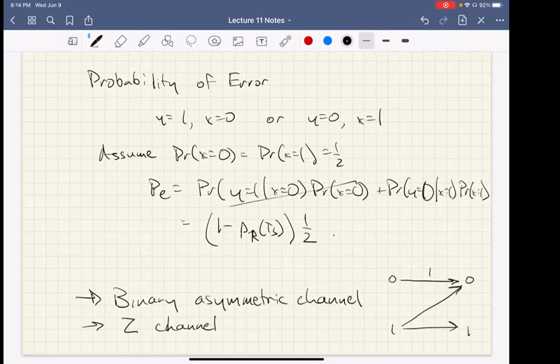And then I can write this as 1 minus P_R(T_S), and this as P_R(T_S). The analysis of the Z channel is fairly simple, as you've seen. I just wanted to go through the example to make clear that these systems aren't hard to analyze if you go back to first principles.